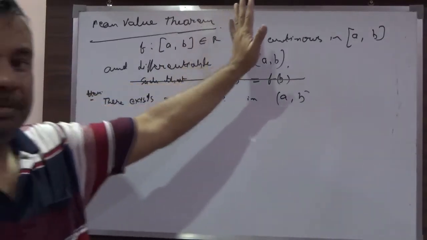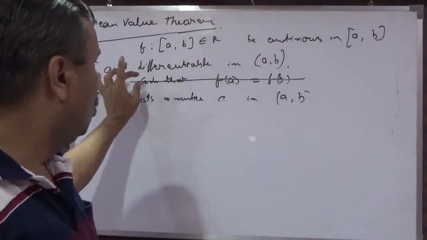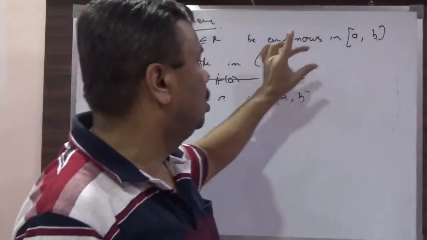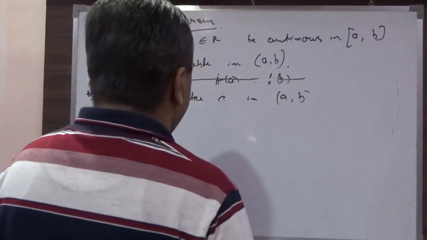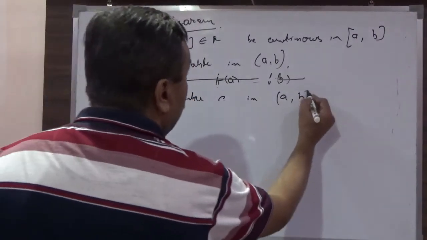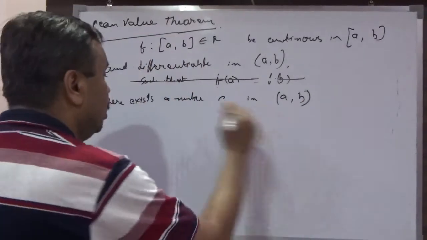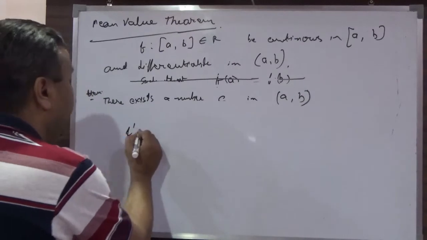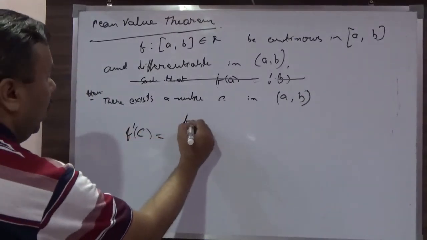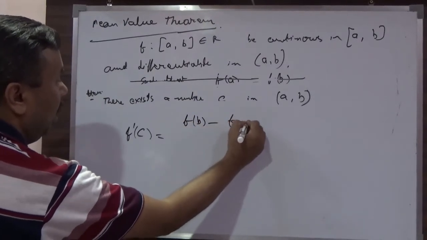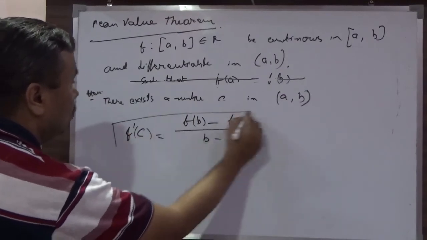Rest all is there. It is continuous, it is differentiable, rest all is there. Only thing is that this condition is not given. Then there exists a number c in the open interval (a, b) such that in this case f'(c) will become (f(b) minus f(a)) divided by (b minus a).